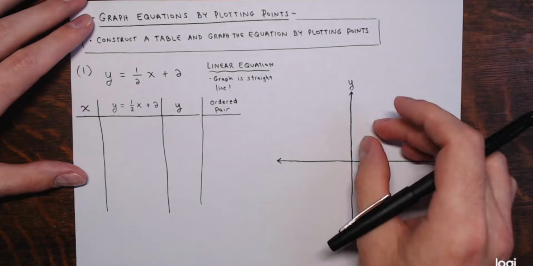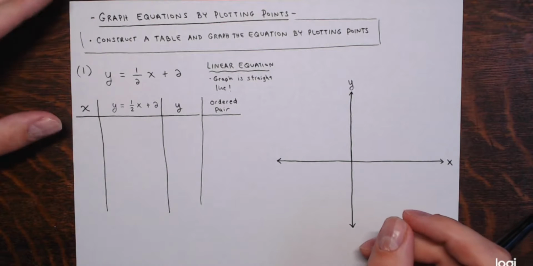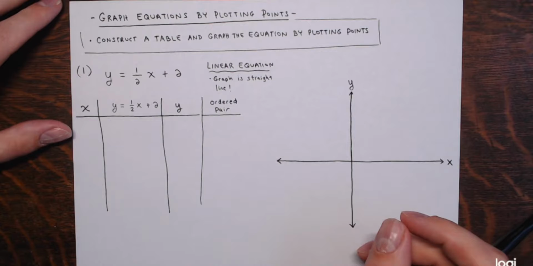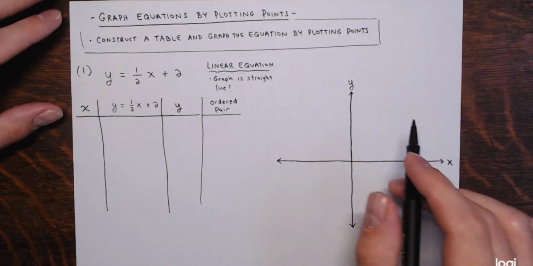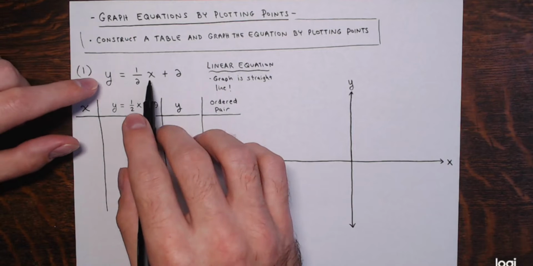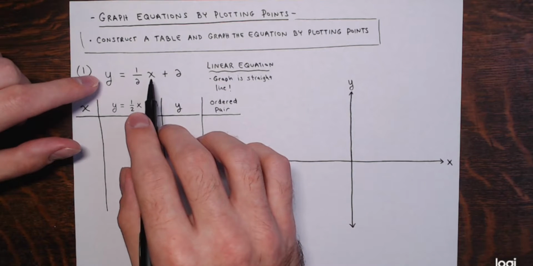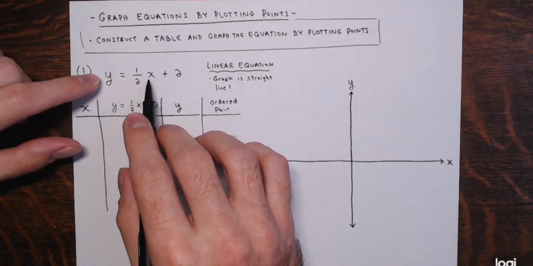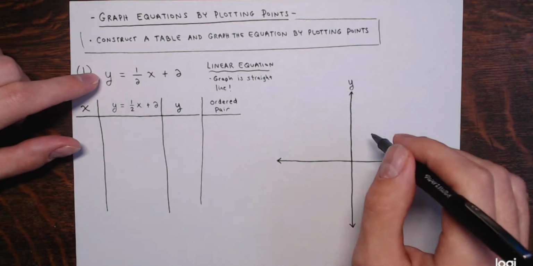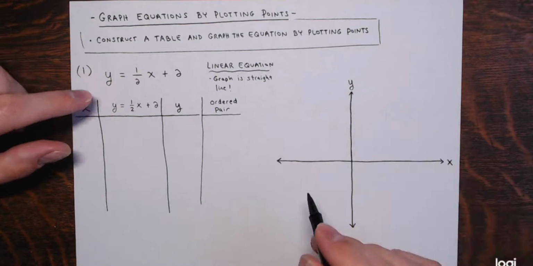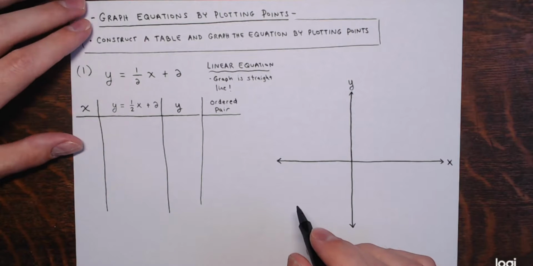After plotting enough points, you'll hopefully see enough of a pattern to fill in where the rest of the points are. All these equations with two variables should have infinitely many points, infinitely many solutions. So I'm just going to plot a few, and we'll draw in what looks like the rest of them.